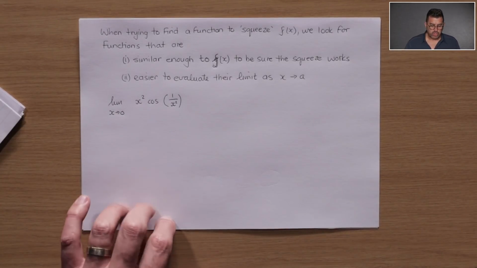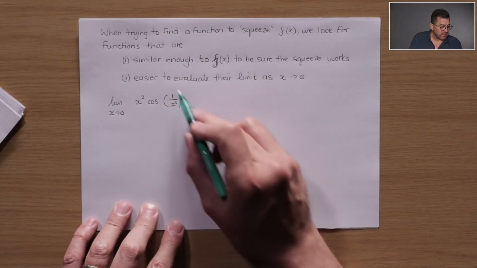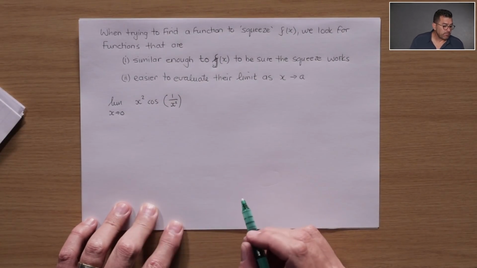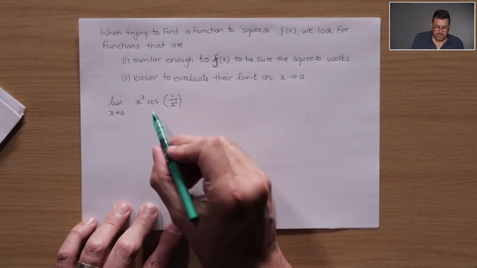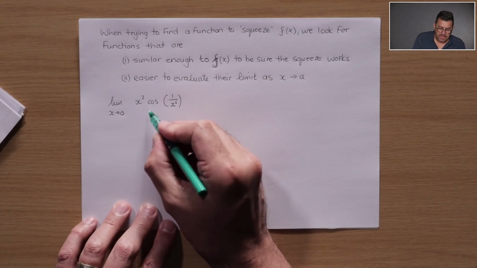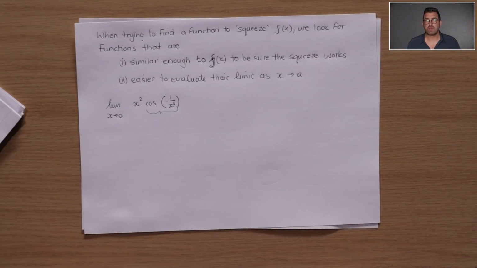Let's see. We choose, first of all, the function here that has the most complications for us and that we know something about. In this case, I think it's the cosine of 1 over x squared. Why am I saying that?